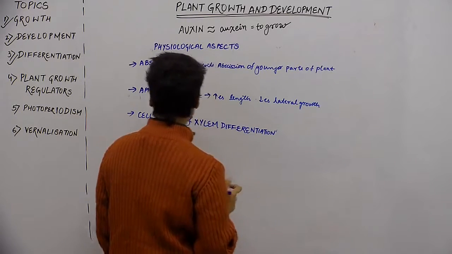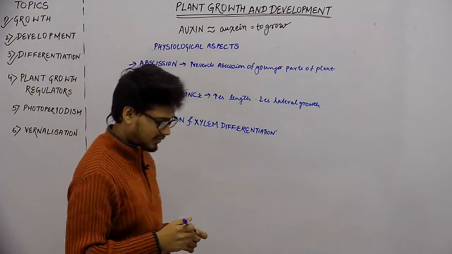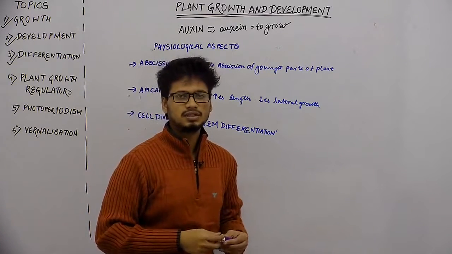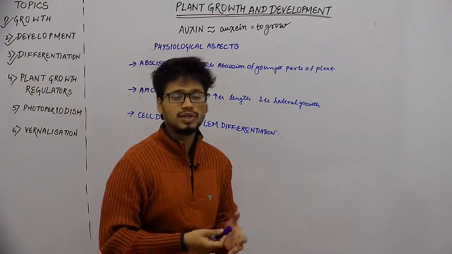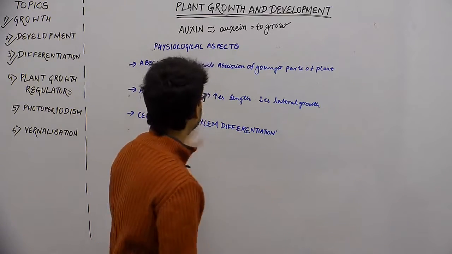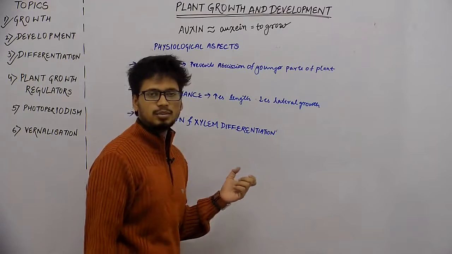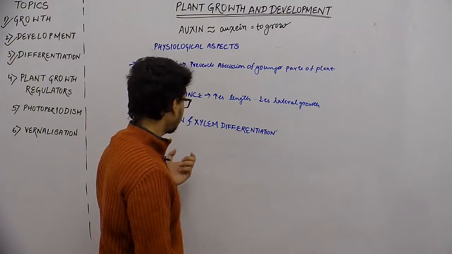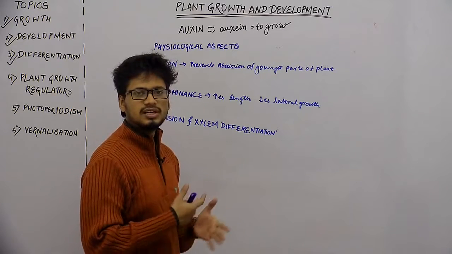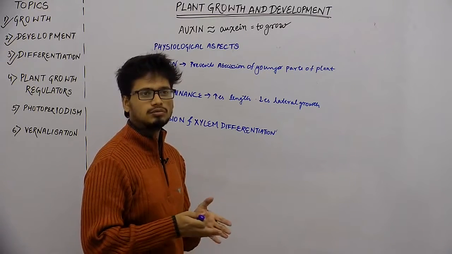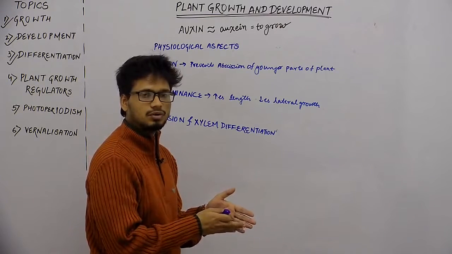And the last one is cell division and differentiation. Now cell division is a normal process, but the role of cell division in growth is very important. So auxin promotes cell division and then xylem differentiation. So in short, it is preparing the plant for a greater phase of growth.